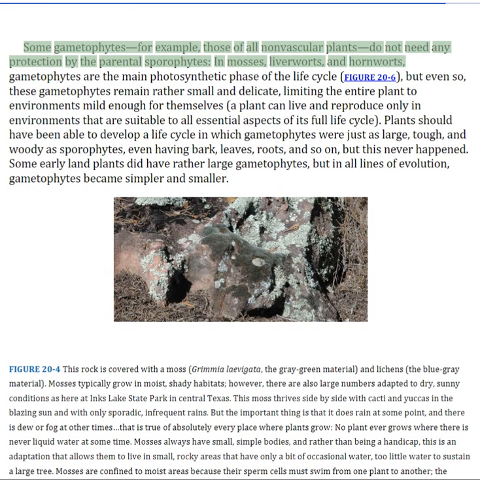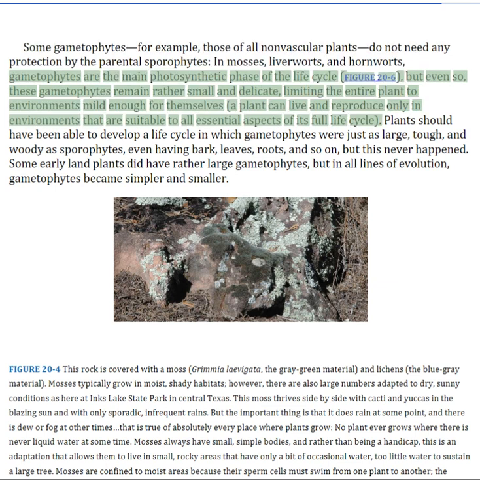Some gametophytes, for example those of all non-vascular plants, do not need any protection by the parental sporophytes: in mosses, liverworts, and hornworts, gametophytes are the main photosynthetic phase of the life cycle. But even so, these gametophytes remain rather small and delicate, limiting the entire plant to environments mild enough for themselves.